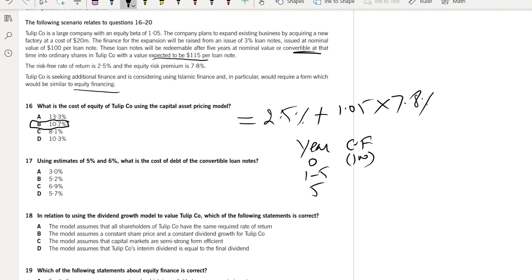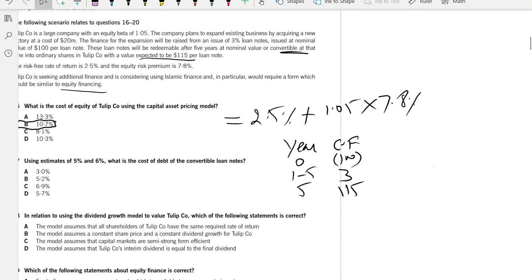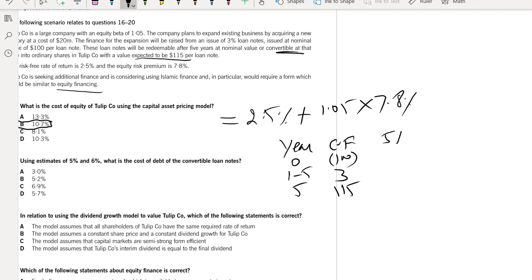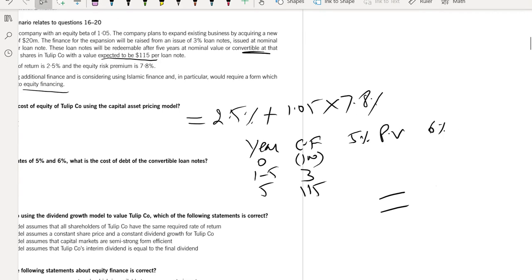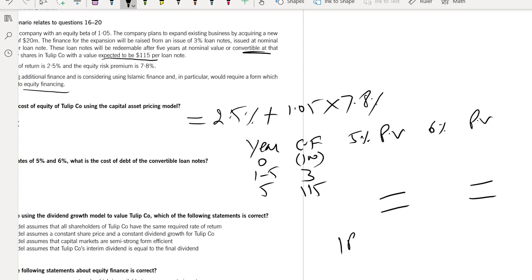The bond is issued at 3%, and interest is 3% because no taxation is given. Conversion value is 115. We will discount first at 5%, then second at 6%, and then we will calculate the IRR, and that IRR is equal to the cost of debt.